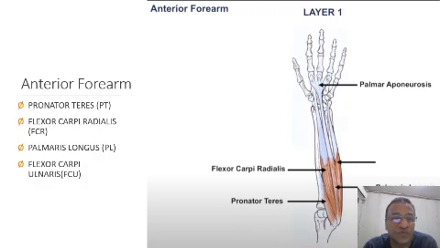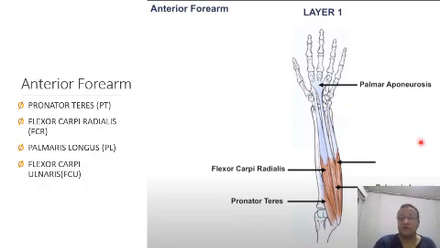In this group, the anterior forearm superficial layer, there are four muscles which originate from the medial epicondyle of the humerus. They are namely pronator teres, flexor carpi radialis, palmaris longus, and flexor carpi ulnaris.